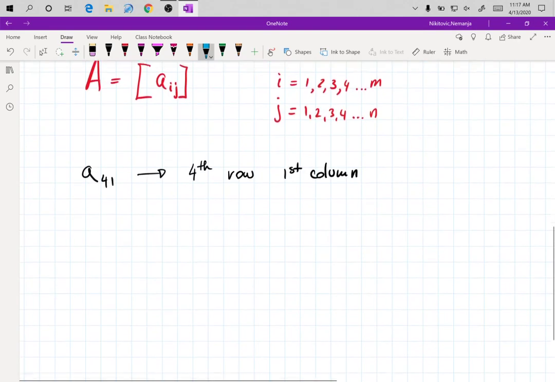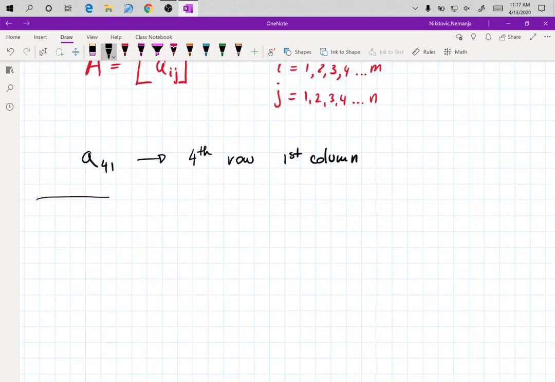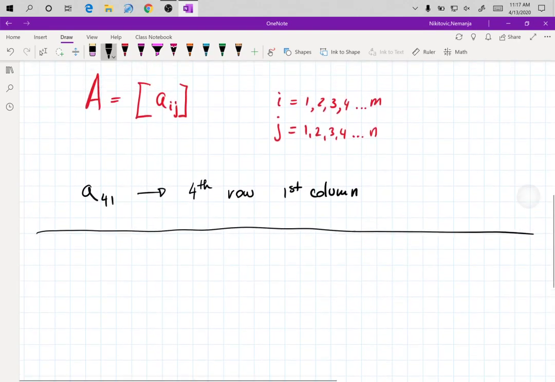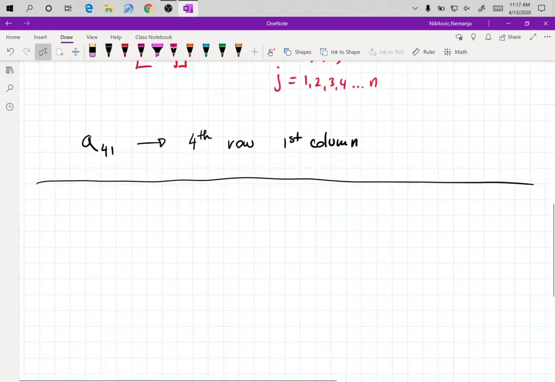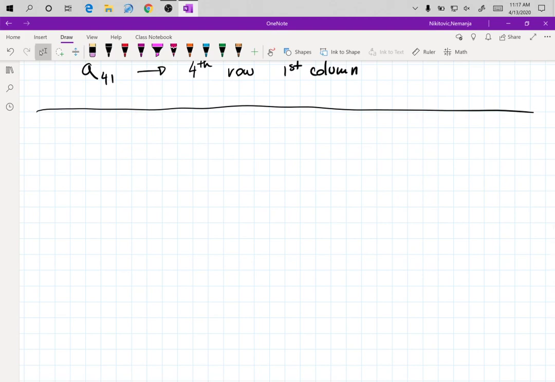All right, perfect. So now we have this notation taken care of, and I'm going to give a couple of examples of matrices. 3, 4, 6, 81, 2, 2, negative 3, and 1, 0, 0, 1, and 6.